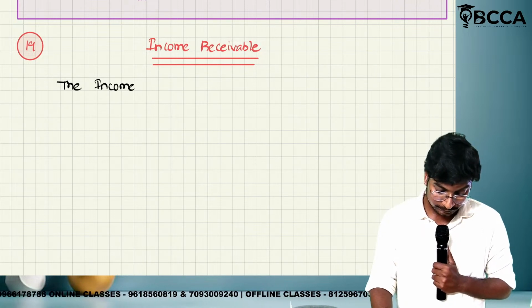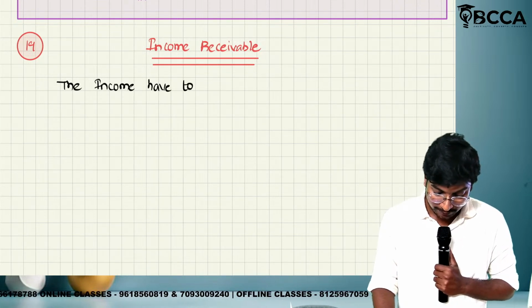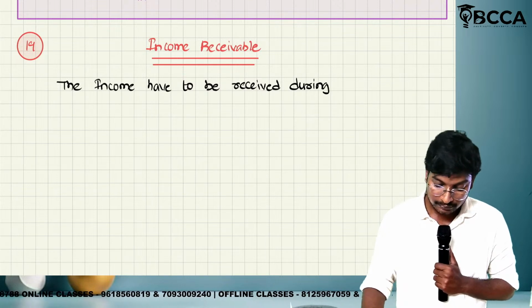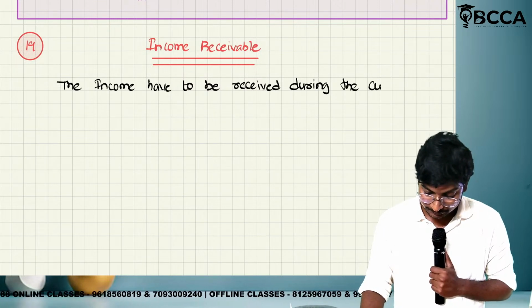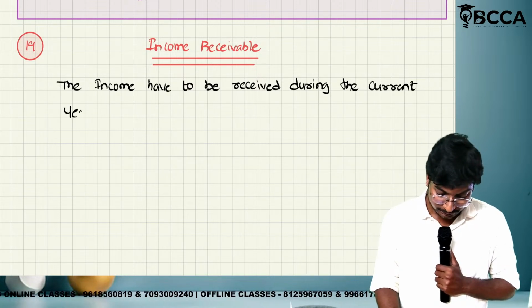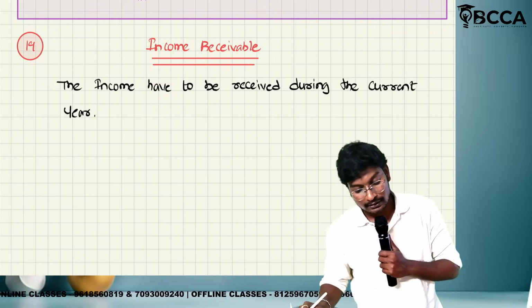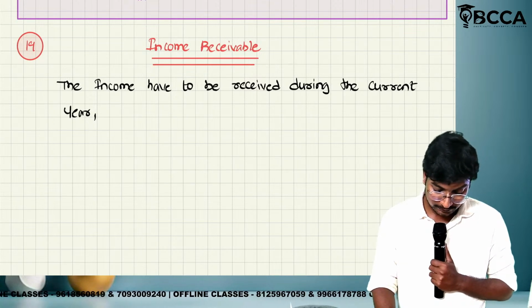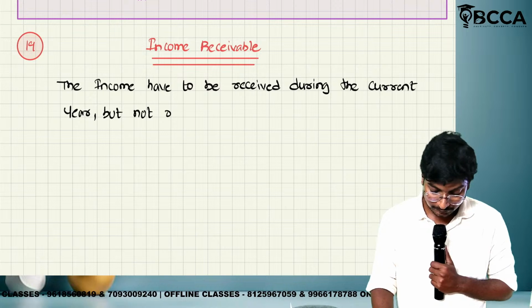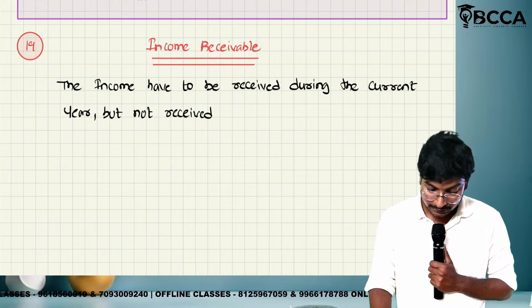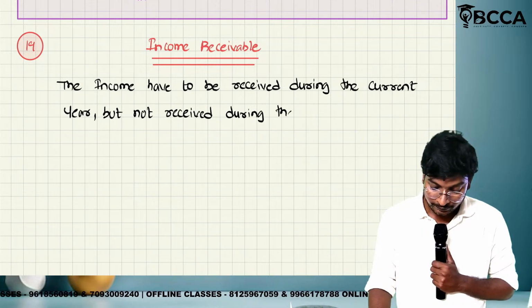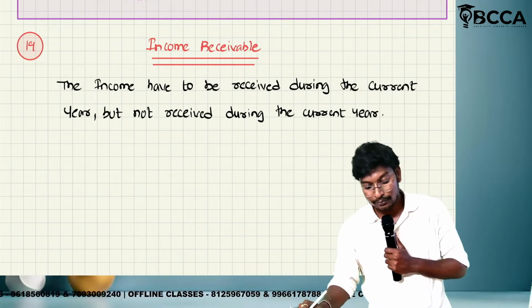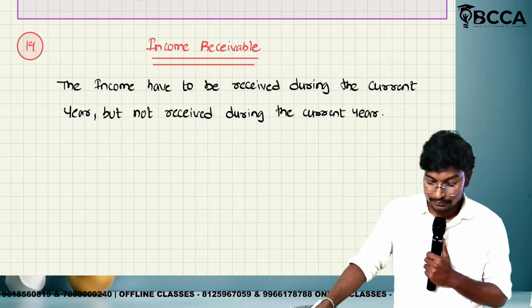The income has to be received during the current year, but not received during the current year.